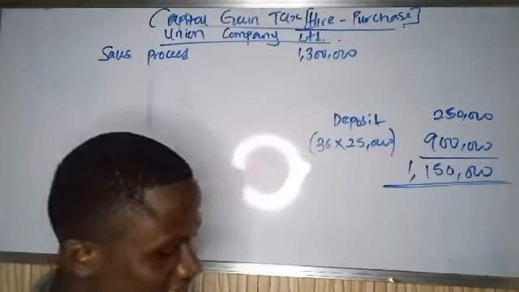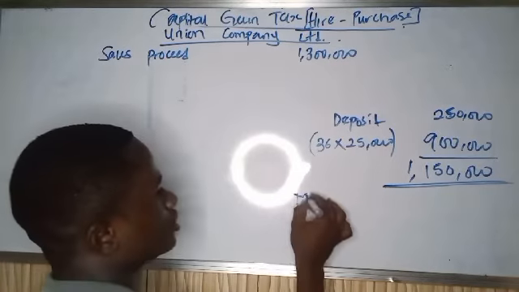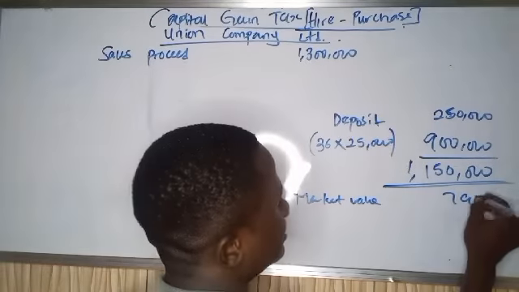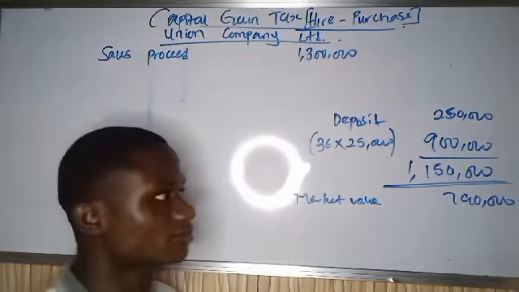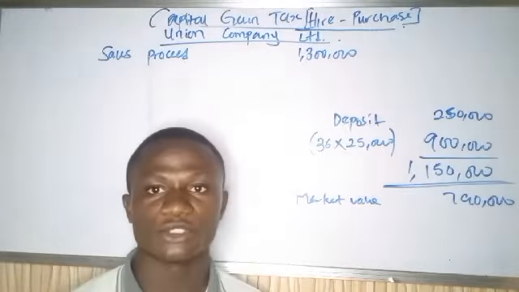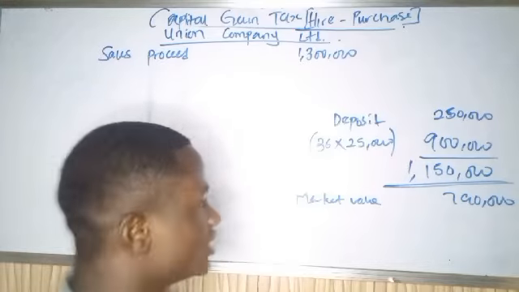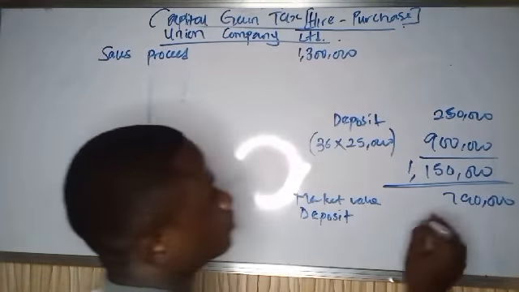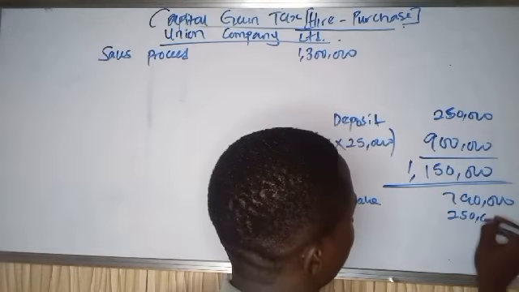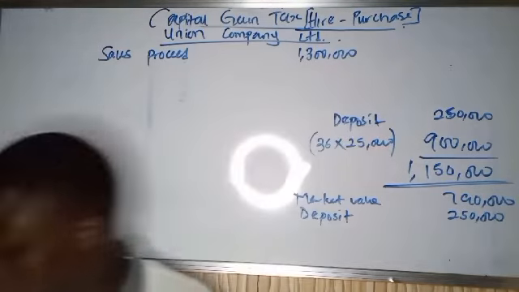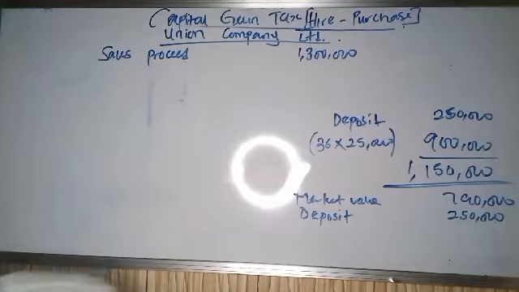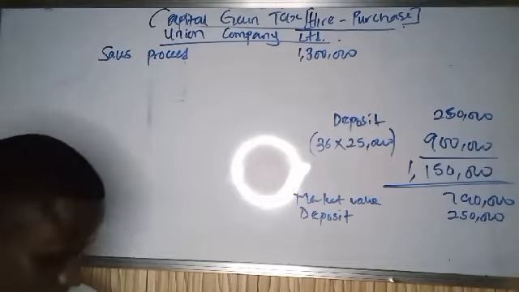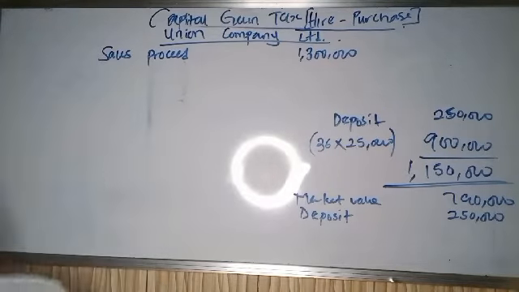The market value of the asset is 790,000 naira, and he made a deposit of 250,000 naira. So 790 minus 250 is 540,000.